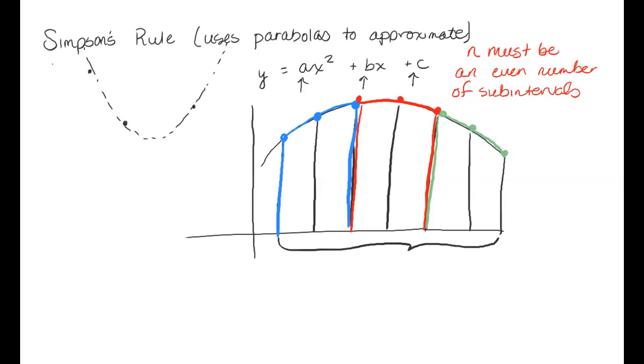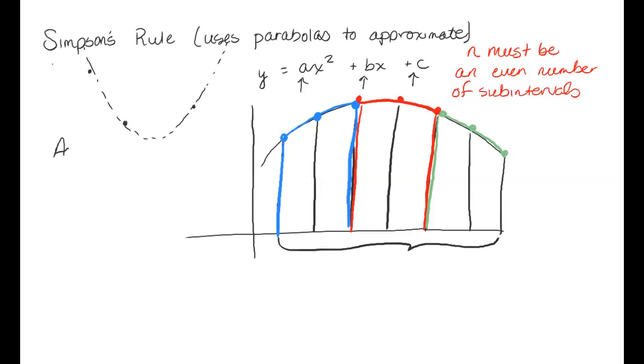Okay, so now what we need is the formula for the area under a parabola. And we're not going to go through and argue about this. You guys can go look it up if you want to find the formula, but here's what it looks like.